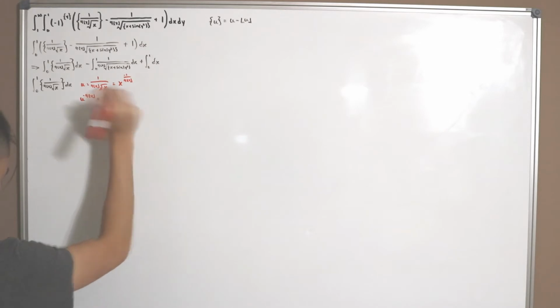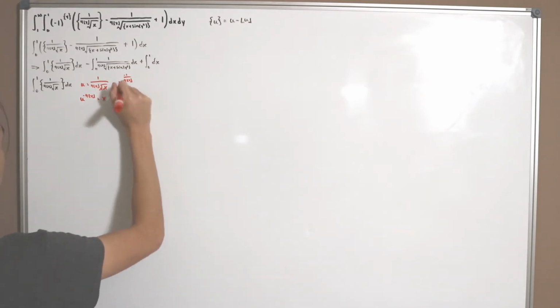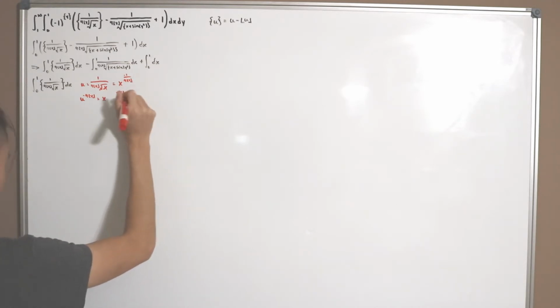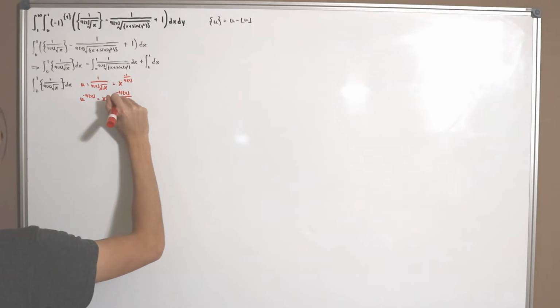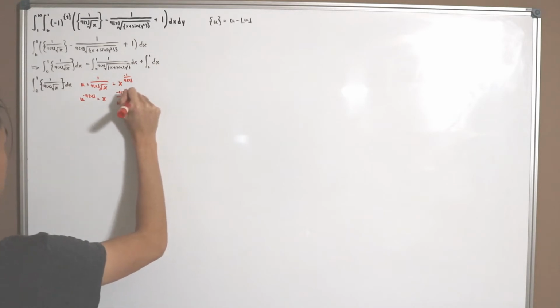Differentiating both sides, I have that dx equals -4 times floor of y divided by u to the power of 4 floor of y plus 1, du.